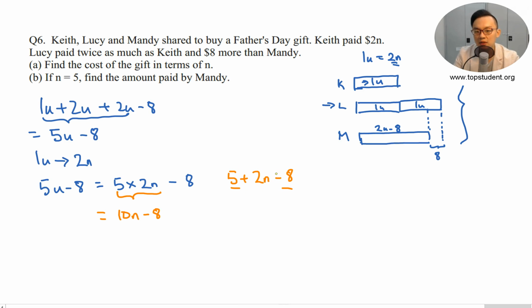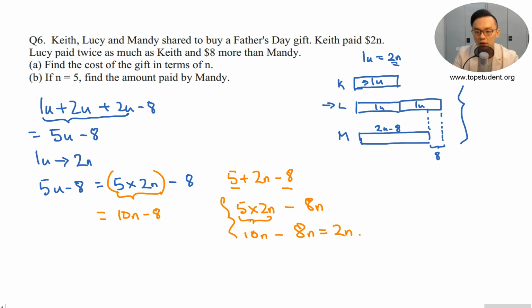So when you plus, you need to plus the N's together, the numbers together. But when you see that it's times, you need to work this part together first, all right? So you need to work this out, then you minus away this. Even if this is 5 times 2N minus away 8N, you need to work this out, which is 10N, then minus 8N, so the answer is 2N, all right?